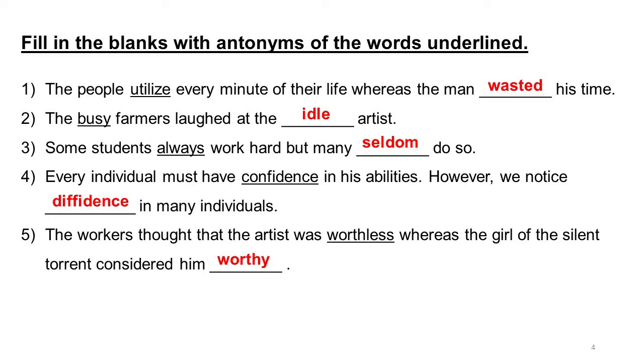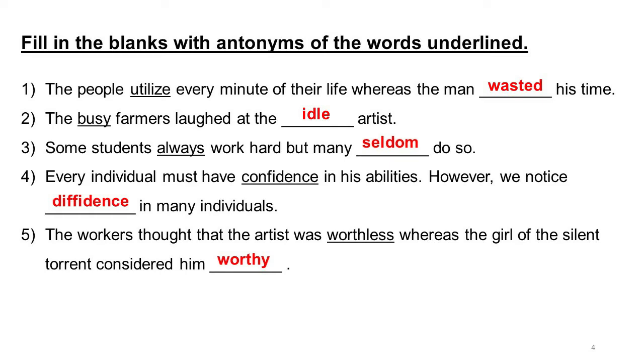Next one, the busy farmers laughed at the idle artist. Busy and idle are antonyms of each other. Some students always work hard, but many seldom do so. Always means all the time, and seldom means rarely. So seldom and always are opposite words. Now remember, opposite words and antonyms are the same.